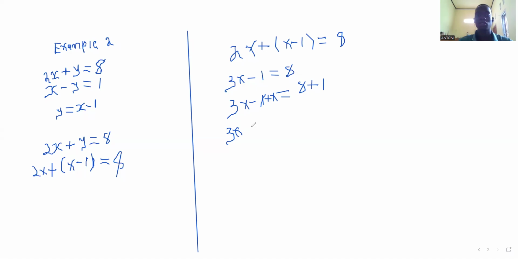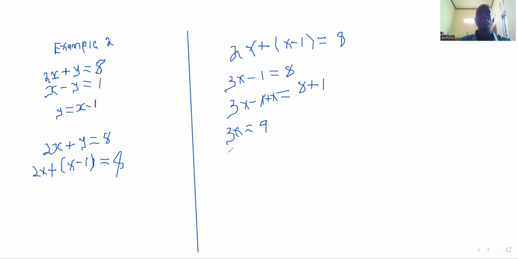So 3x is going to be equal to 9, because if you add 8 plus 1 it is going to give you 9.